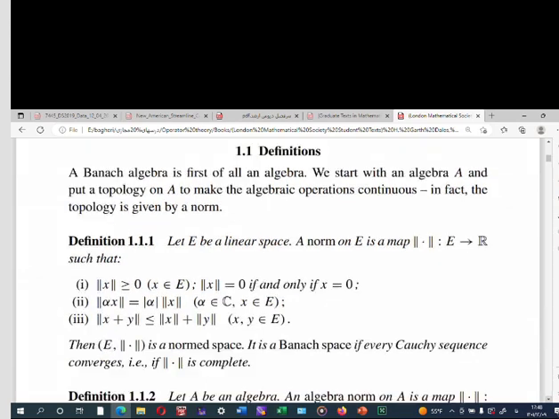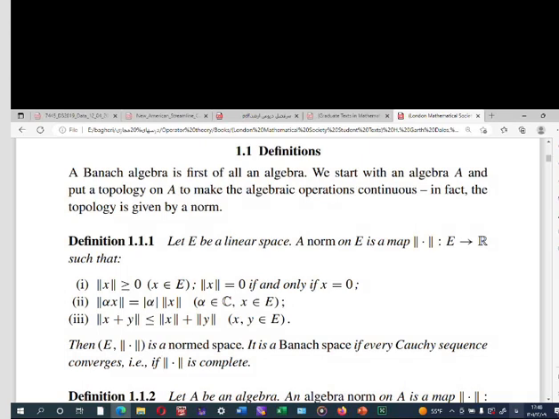Definitions. A Banach algebra is first of all an algebra. We start with an algebra A and put a topology on A to make the algebraic operations continuous. In fact, the topology is given by a norm.